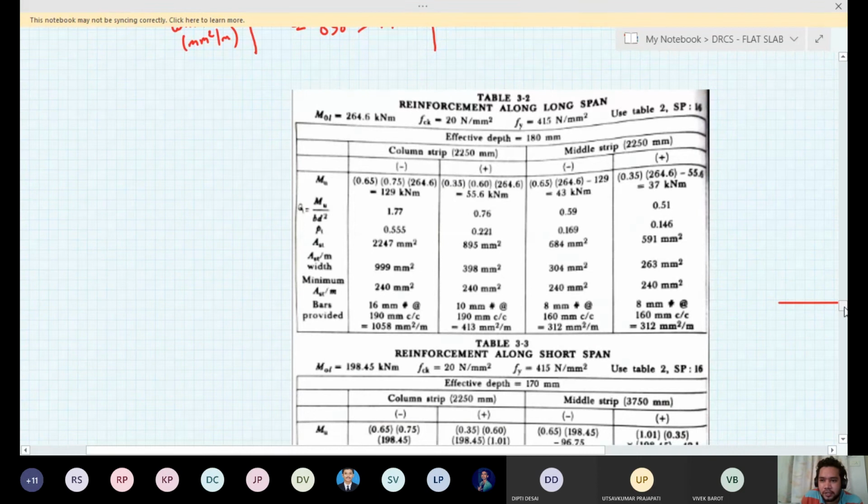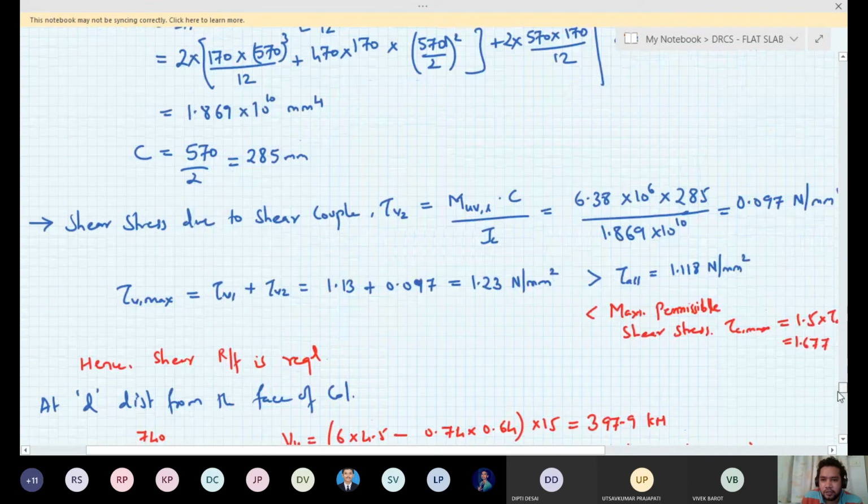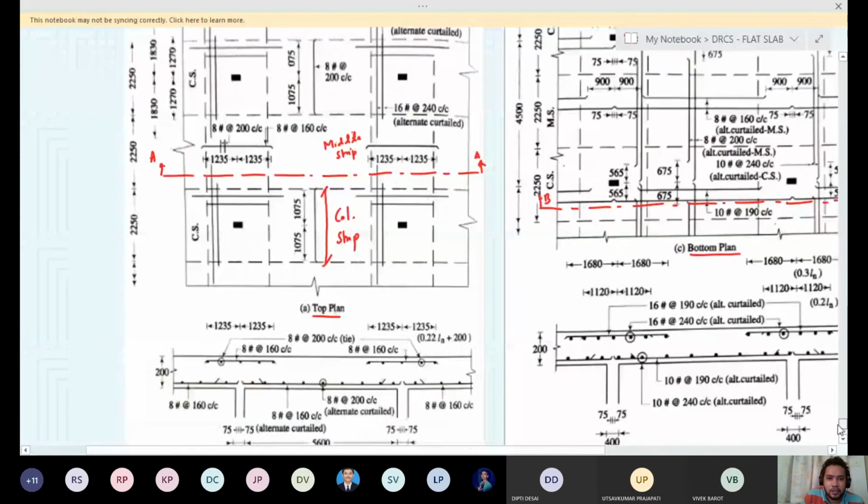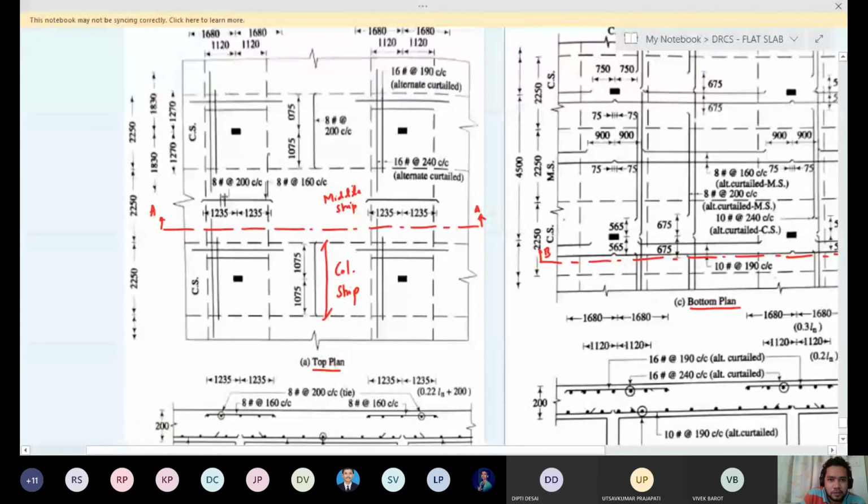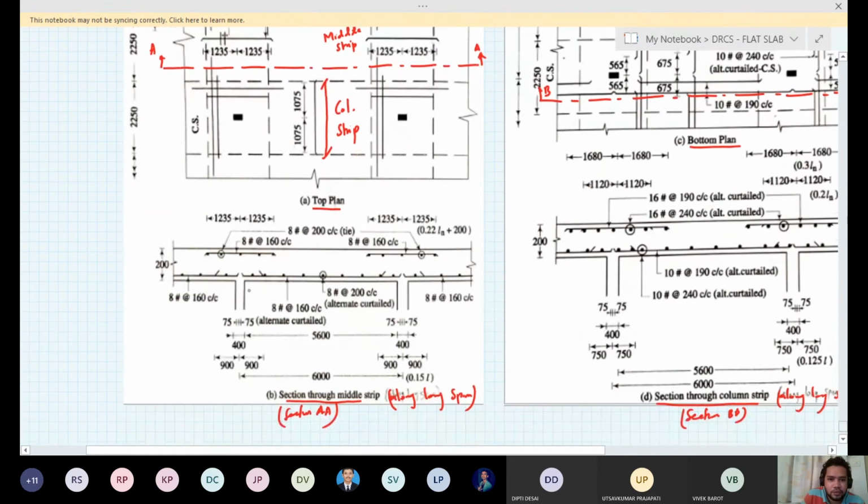So both 16 dia and 10 dia you will find in the column. See, in the top plan, wait a minute, 10 dia, see, better to see here, around the columns, around the column strip.